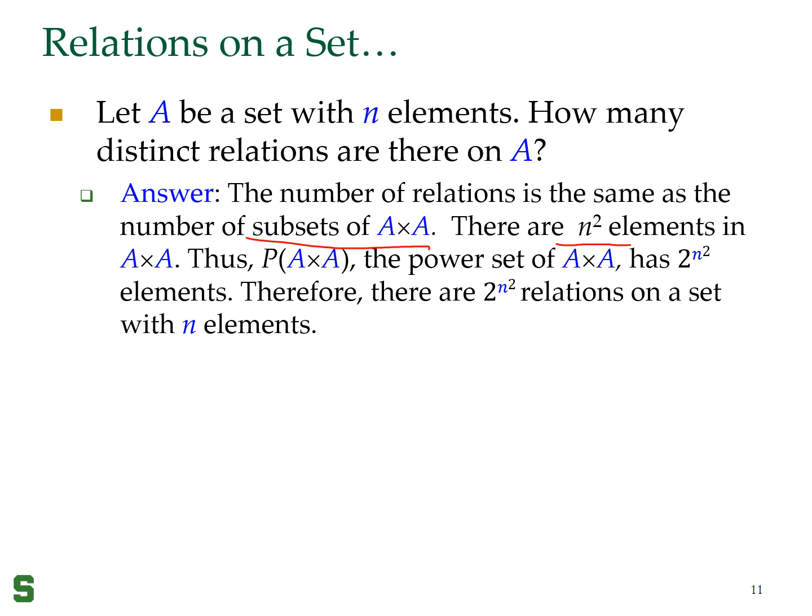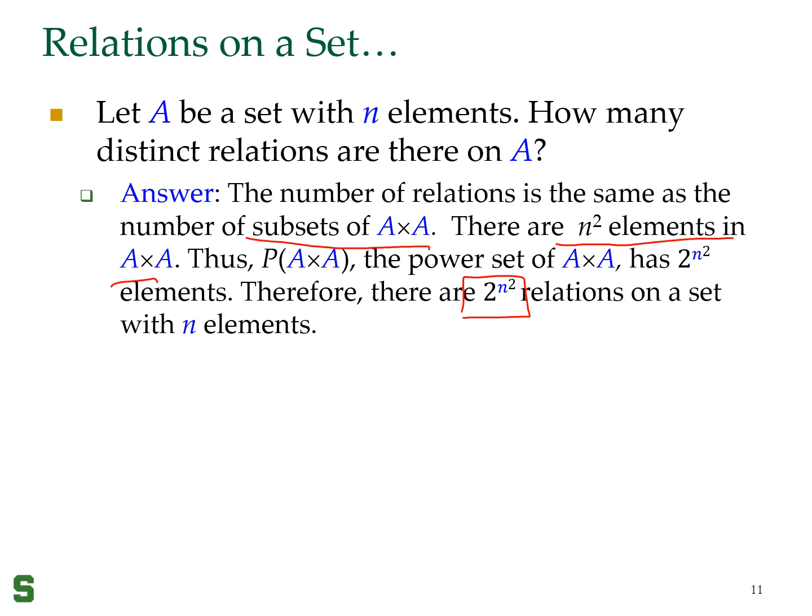So there are n squared elements in A cross A, and the total number of elements that I'm going to have in the power set, which is all possible subsets of A cross A, is going to be 2 to the power n squared, because that's how I compute the power set of a given set. So if I have a set with n elements, then I'm going to have 2 to the power n squared possible relations.